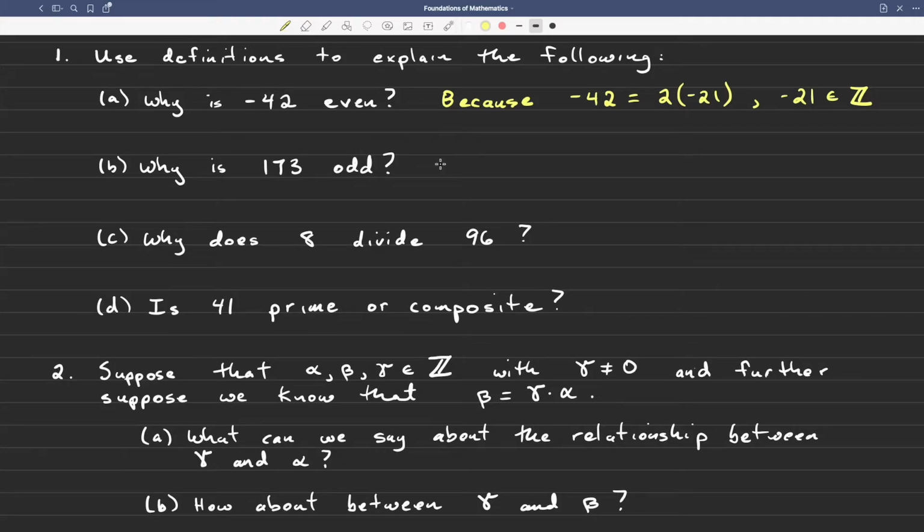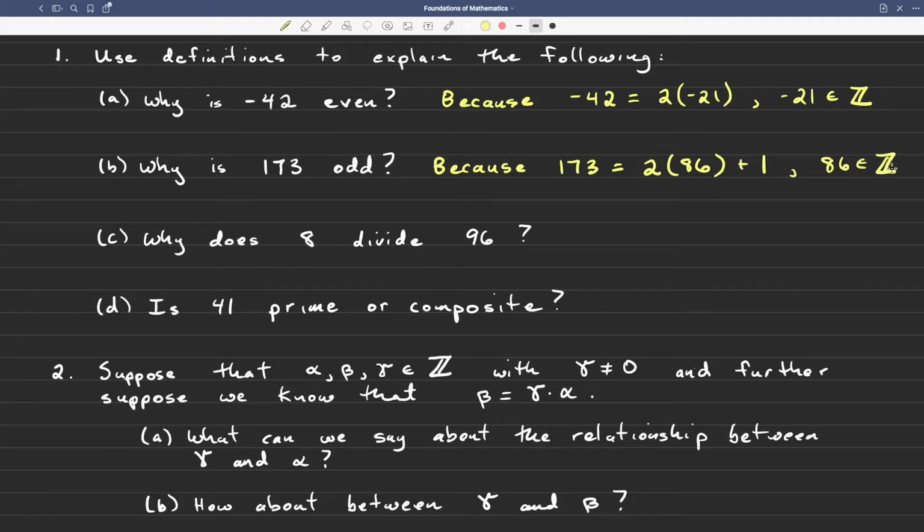On part B, the reason 173 is odd is because we can express it as an even number plus 1. So it's because 173 can be written as 2 times what? Well, let's see. 86. 2 times 86 would give you 172 and plus 1. And we'll point out that 86 is an integer as required by the definition.